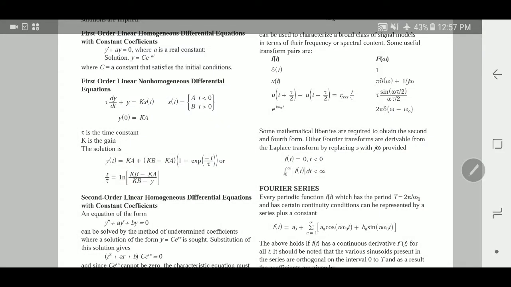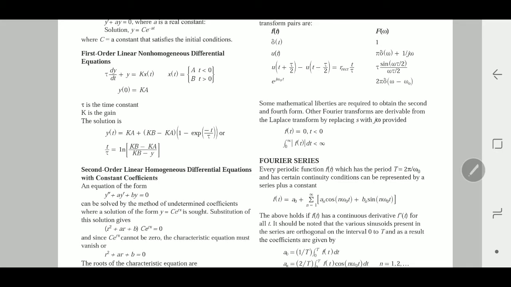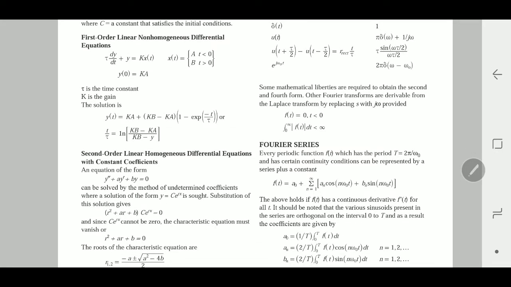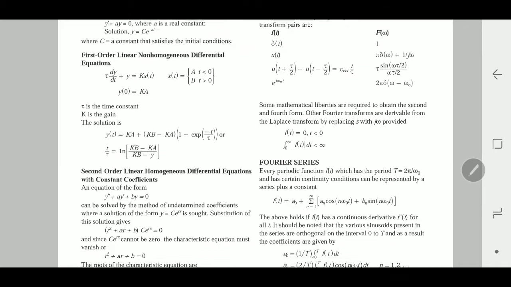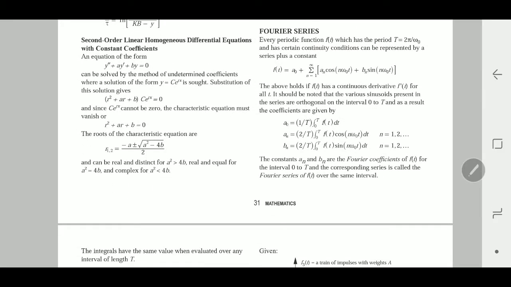During the exam you want to do it quickly. Pull up this page by finding a keyword from the problem. You can type in second order linear or first order, anything you know will bring you to this page. This is page 31 in mathematics.